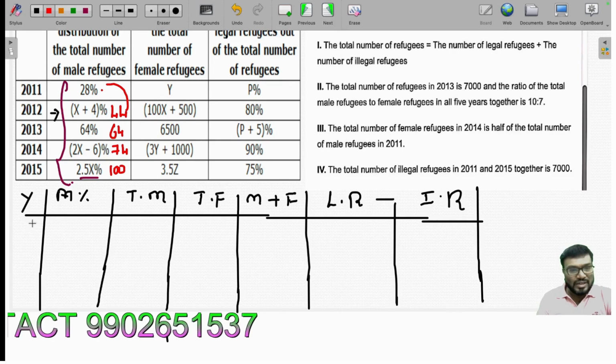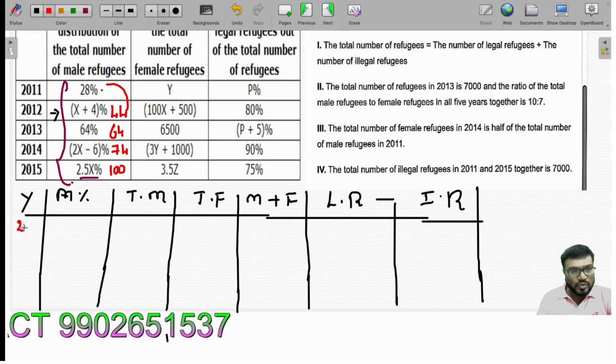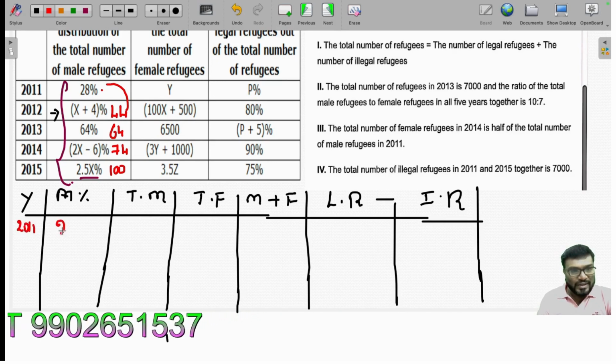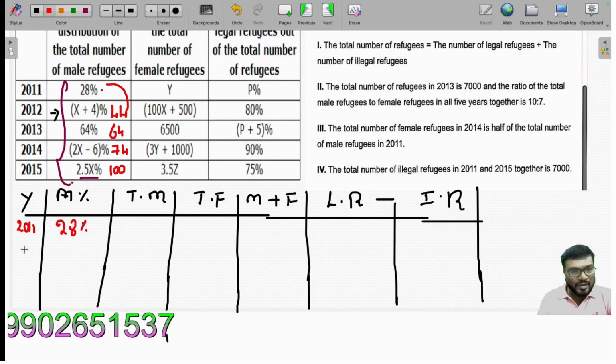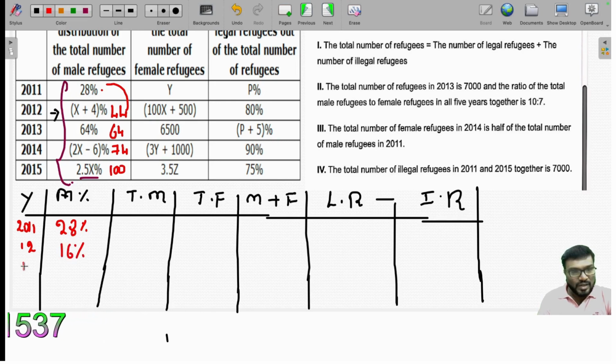First, 2011 we have 28, as it is. But in 2012 we have 44 minus 28, that is 16 percentage. In 2013 they have given 64, so subtracting 44 from 64 gives 20 percentage. In 2014 we have 74 and 64, the difference is 10 percentage.